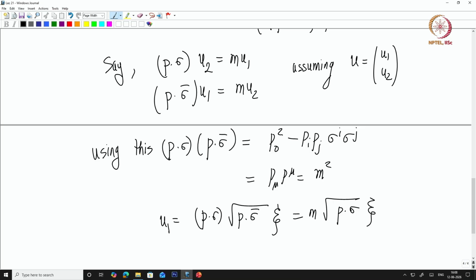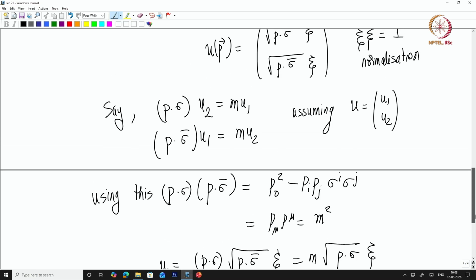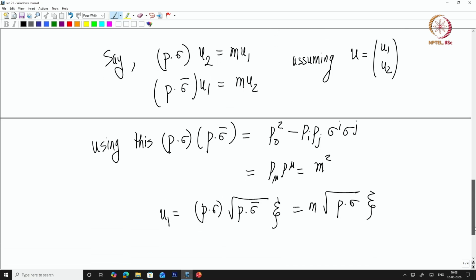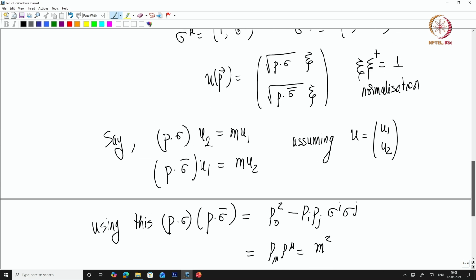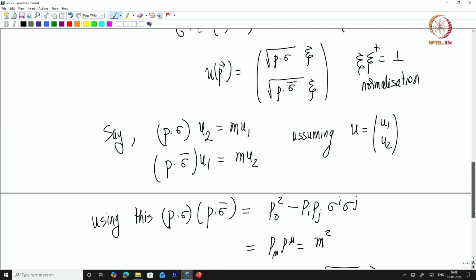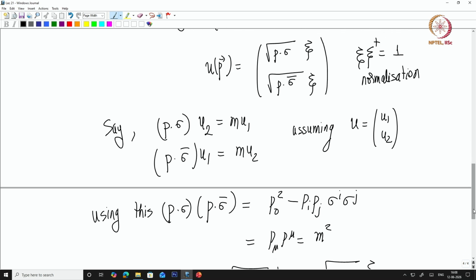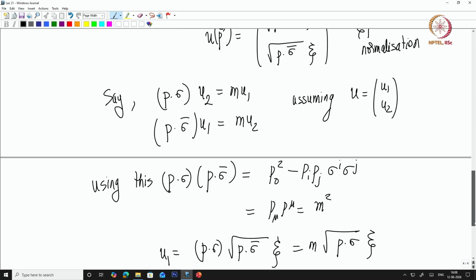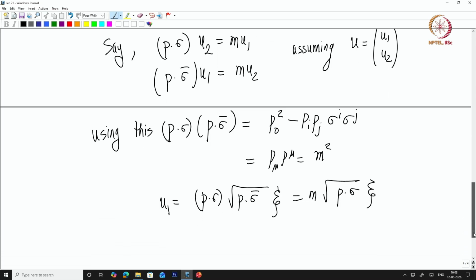So, this gives me the form of the u1, and similarly you can work it out that u2 will give me the other part, this P dot sigma bar. So, you can just work it out essentially that if you assume that you have P dot sigma times xi and P dot sigma bar times xi, you end up having these solutions.